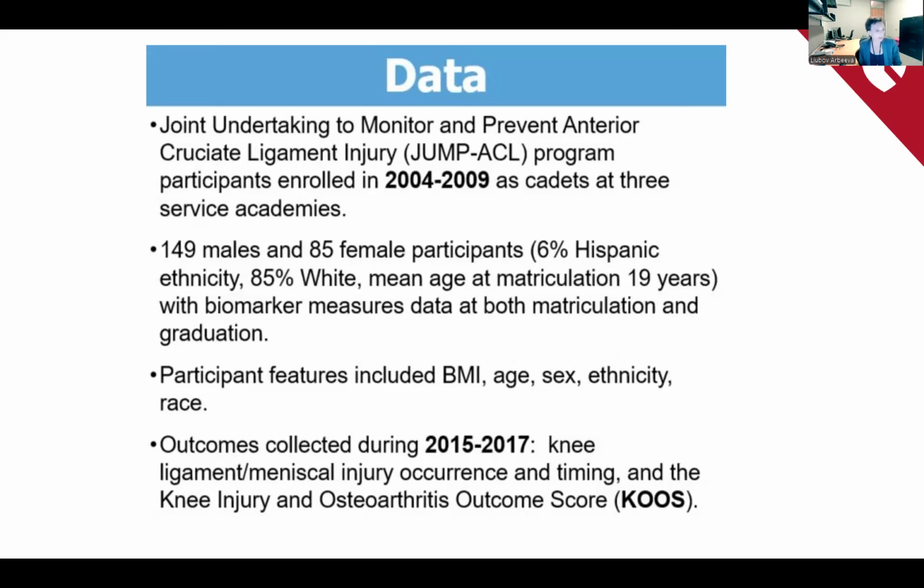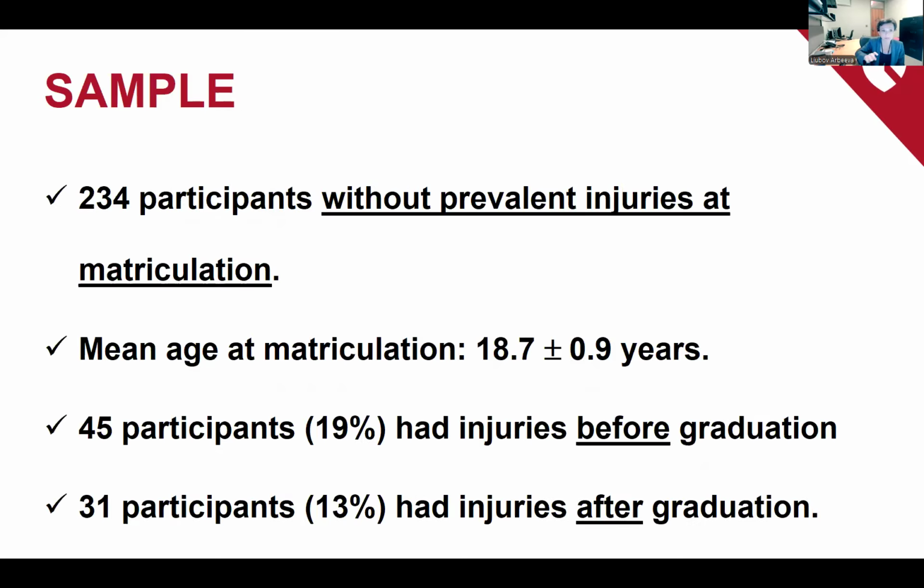Hi everyone, and I will talk about a secondary analysis on a subset of military officers enrolled in 2004 to 2009. We used only the subset without knee injury at matriculation, and all of them had available biomarker measurements at both matriculation and graduation.